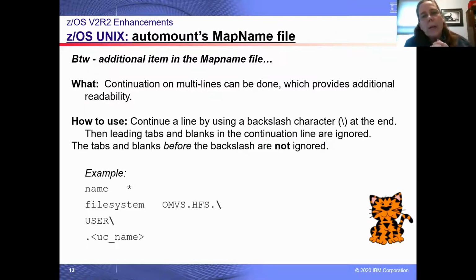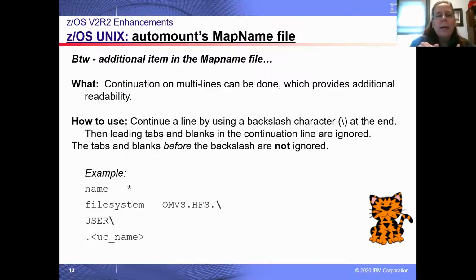So while we are in the map name file for AutoMount, I found another little nicety that was also done here. And this was not even advertised. I didn't even know it was there until I happened to have stumbled upon it. Sometimes in the map name file, you may have a very, very long string, perhaps a file system name that gets very long.